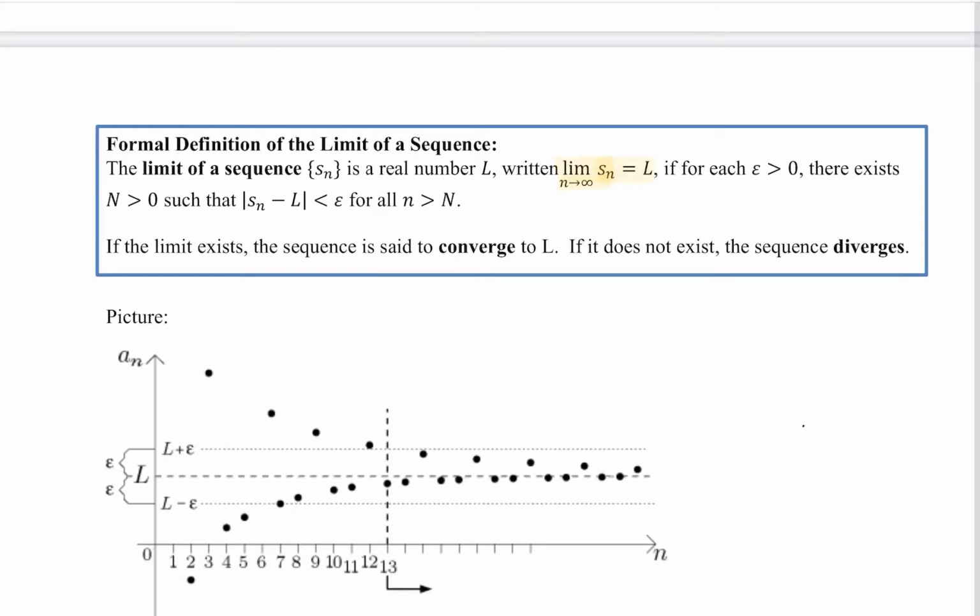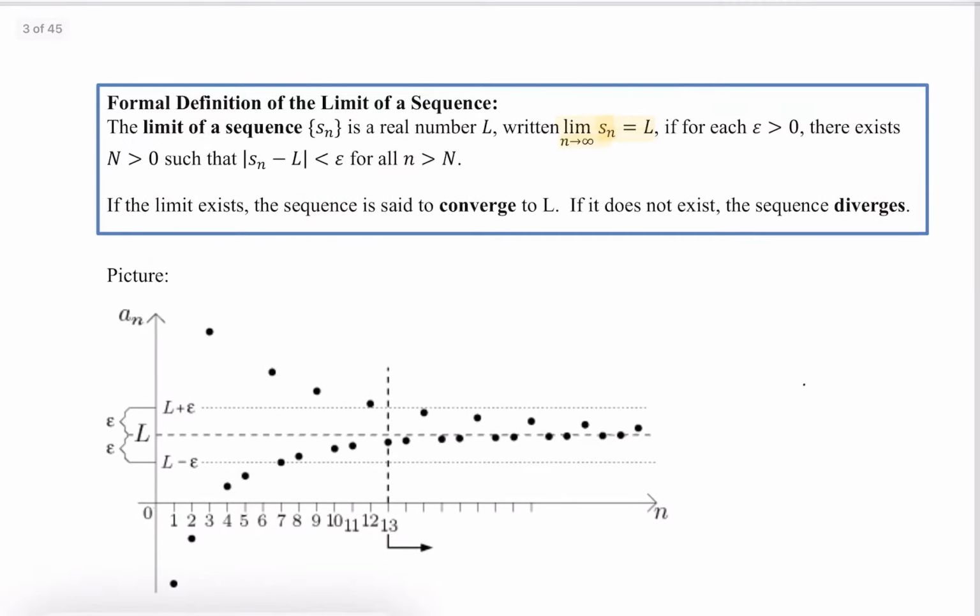These terms are getting closer and closer to L. They're bouncing above and below, but they are getting closer and closer to L. So what this says is that no matter how small an epsilon I pick around L, and in this case I have picked a very small epsilon window around L, there will be some value, capital N, which is represented by this vertical dashed line here.